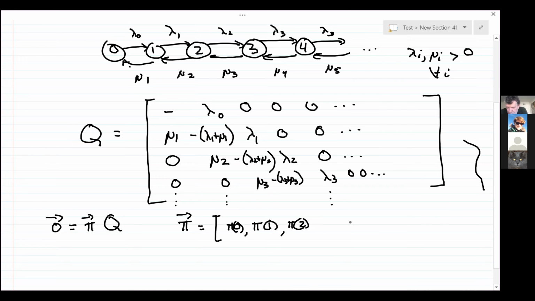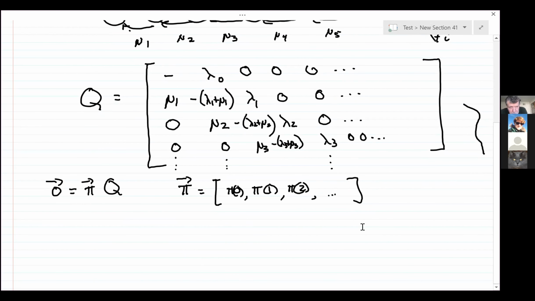Okay, so that's how pi looks. So here, I'll start us off: pi 0, pi 1, pi 2, pi 3, continues forever, and multiply it by the Q matrix.